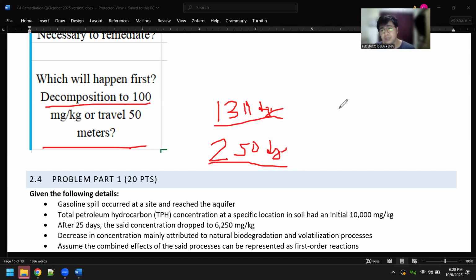So at least in this part, it's obvious that the contaminant will first decrease in concentration to safe levels at day 132. And by day 251, it will reach the downstream. But at that point, the contaminant has already reached its safe levels long before, right?